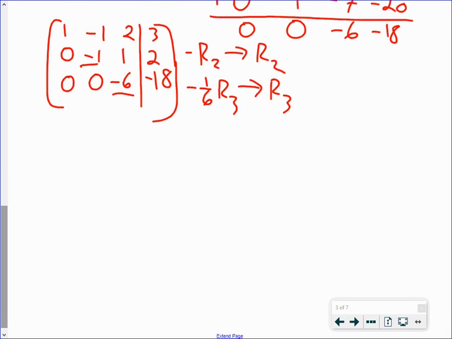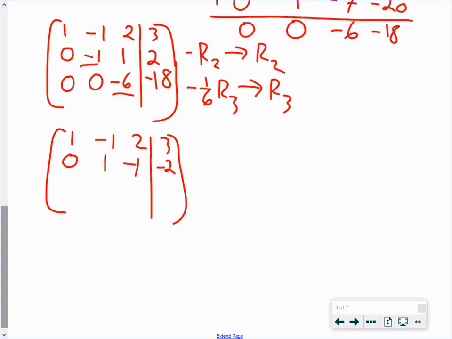So let's go ahead and change our matrix accordingly. The first row stays the same, 1, -1, 2, and 3. My second row, we're multiplying everything by -1. 0 times -1 is still 0. -1 times -1 is 1. We get -1 there, and a -2 here if we multiply it all by -1.